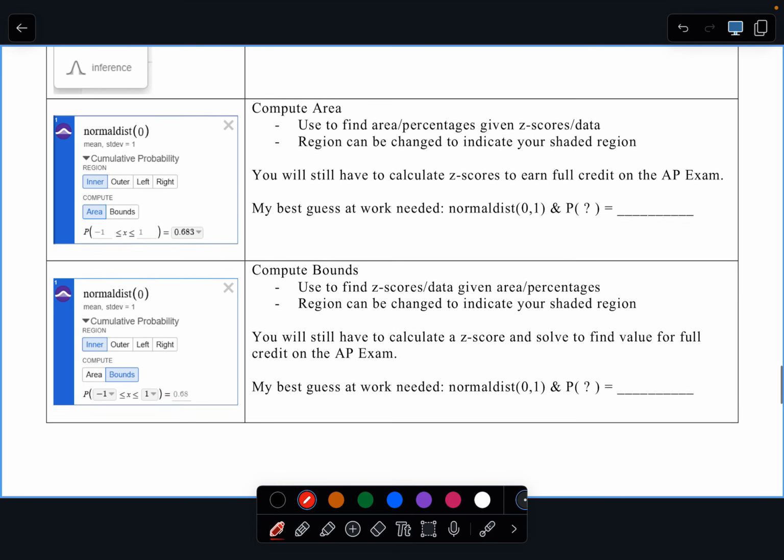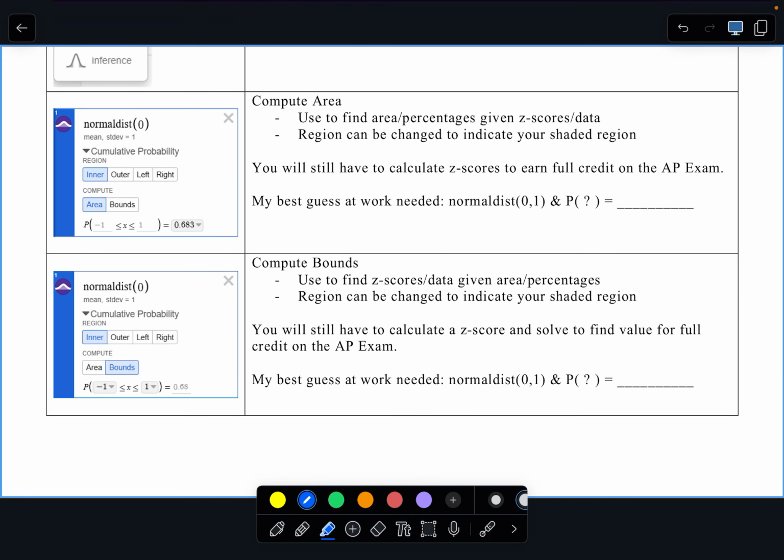My best guess for what you're going to need, I wrote it down, and you'll see what I'm talking about in just a second, I think you'll have to have this type of notation in order to get credit. The only difference will be you won't have normal CDF or inverse norm. So you'll still have to have direction by the probability statement. I think they would still be willing to take a picture, and then you'll have to describe how you're doing your normal distribution.